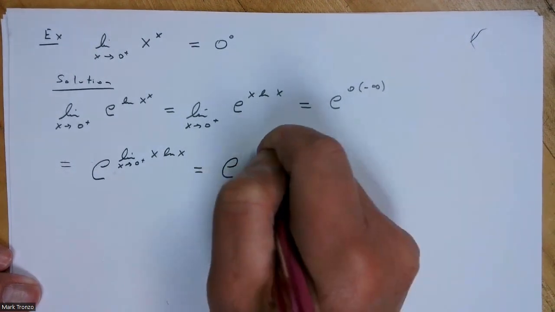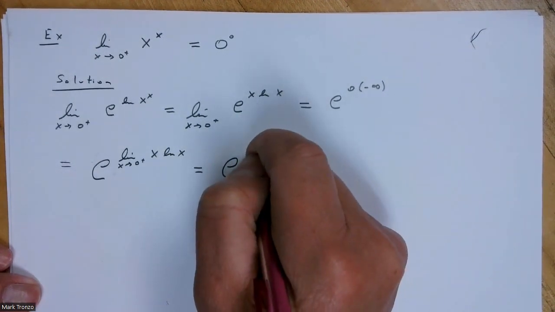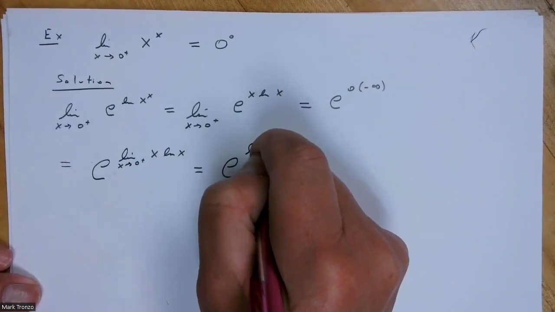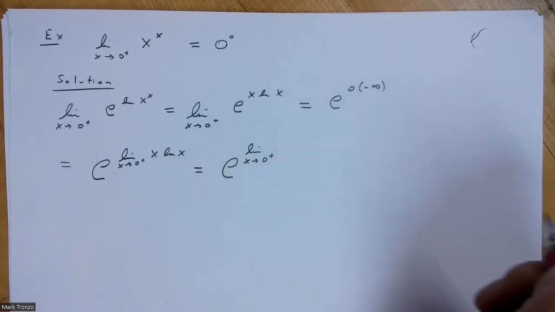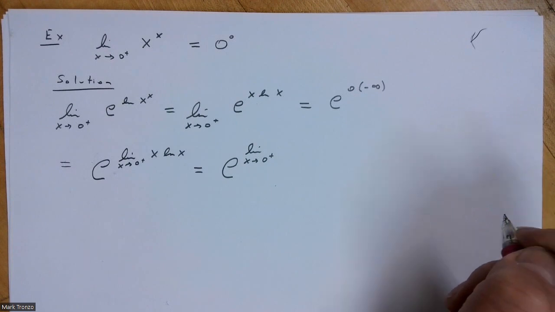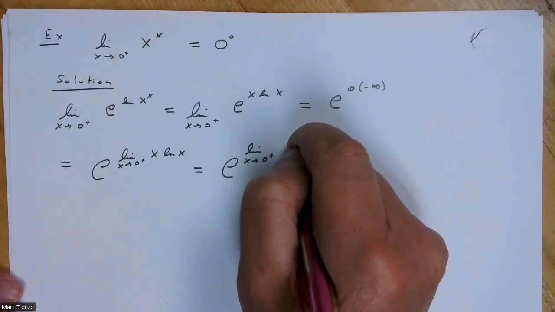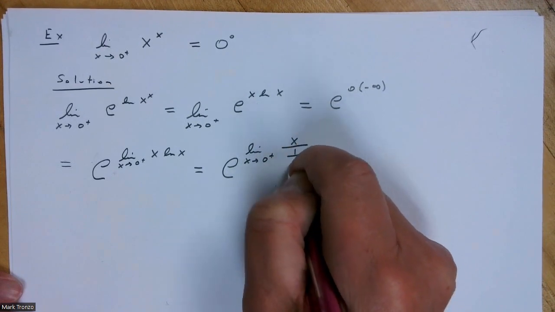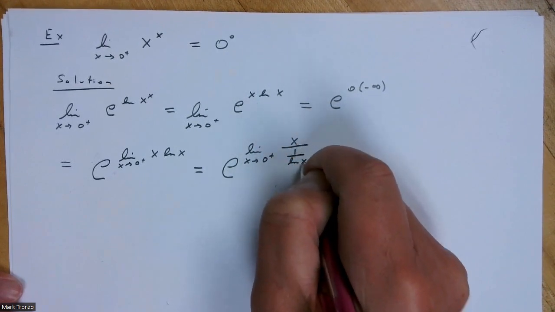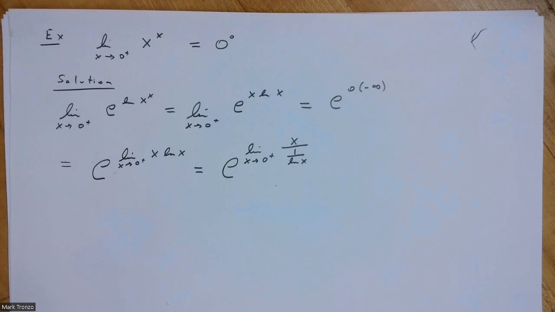And let's try it. Let's rewrite this as the limit as x approaches 0 of x over 1 over log x, like this.